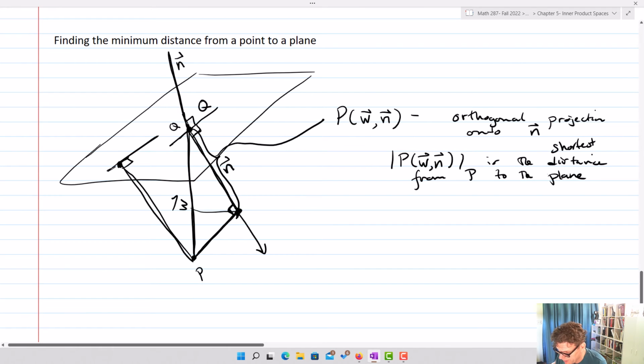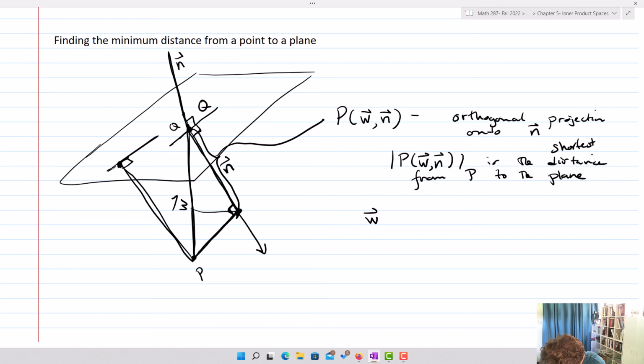So I've got to figure out what P of W onto N is, or at least what its magnitude is. I already know that. The magnitude of P of W onto N is W dotted with N over the magnitude of N. That's from our earlier equation, the inner product divided by the magnitude of N, and that is the magnitude of the projection.